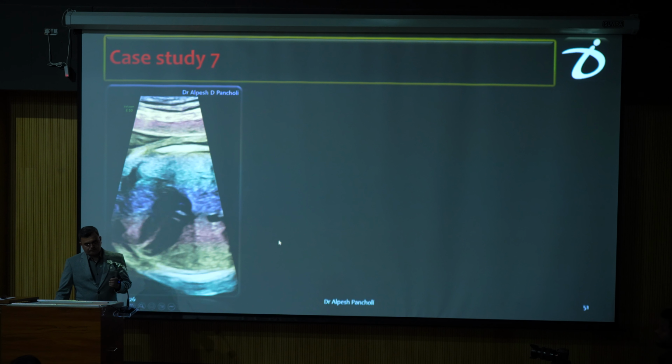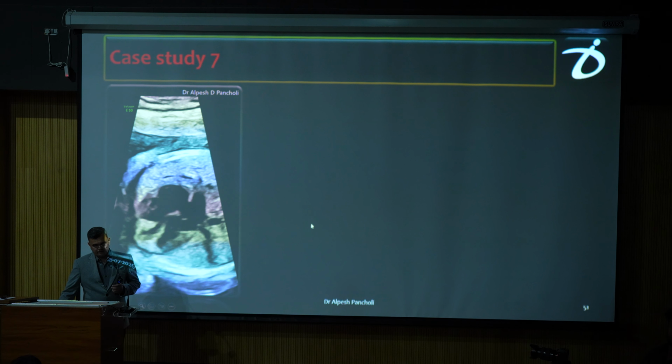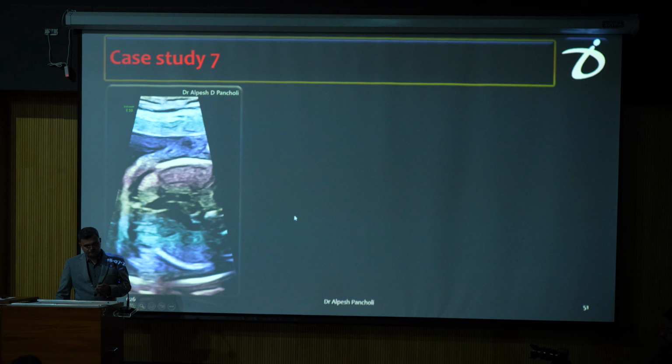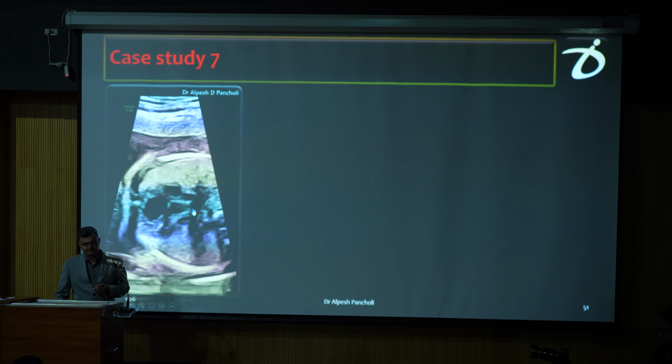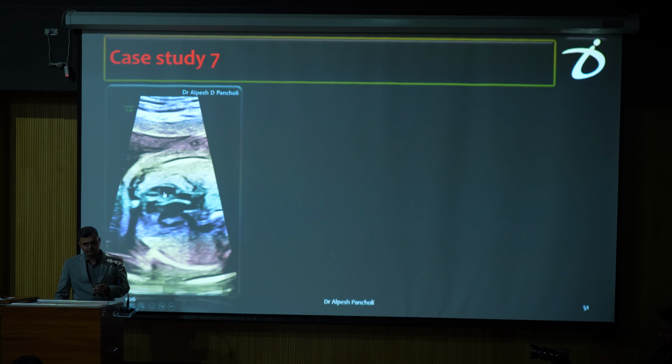So now coming to another subset of conotruncal abnormalities. This is a normal 4-chamber view. Here on the 3-vessel trachea view, we see only one artery. And here if you look closely, there is loss of crossover and the pulmonary artery, which is bifurcating, is arising from the left ventricle.